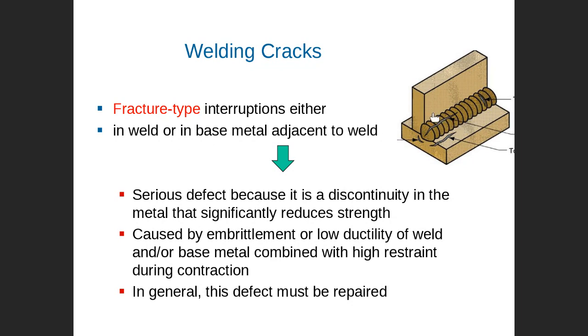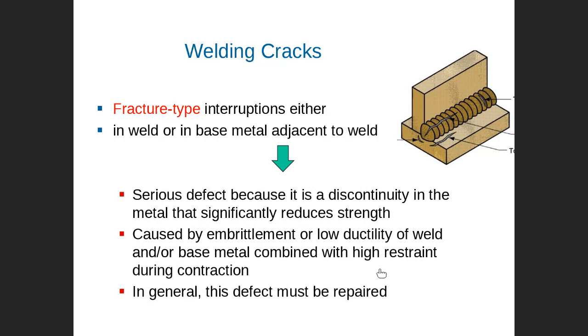If you apply stress later, if this part is taken and used as a spare part for a machine or whatever, and you apply stress here at this opening area, propagation will happen immediately and fracture will definitely happen, because discontinuity in the material significantly reduces its strength, causing embrittlement or low ductility of the weld.